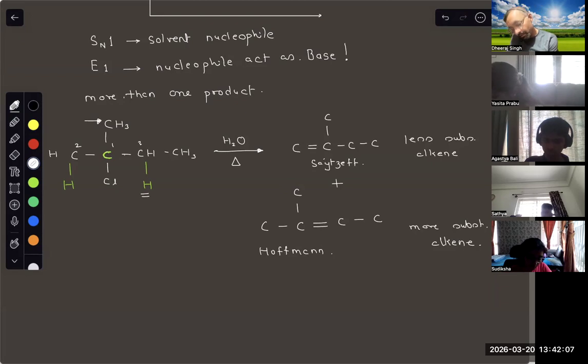Pardon my spelling. In this E1 mechanism, the Hofmann product is always more, because from the carbocation, it gets time and will move towards the more stable product only.